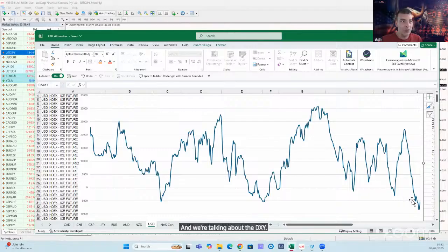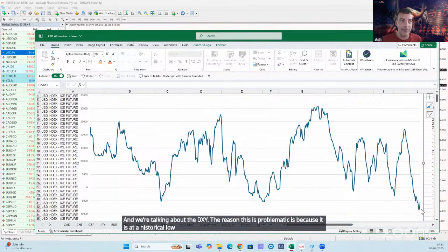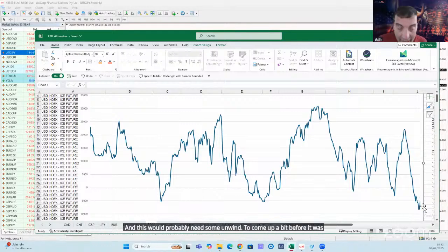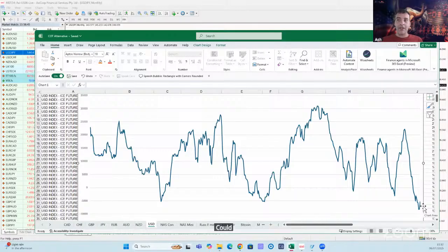The reason this is problematic is because it is at historical low contracting levels. And this would probably need some unwind to come up a bit before it was attractive again. Now that could fit the narrative that we're looking at near-term dollar yen strength.